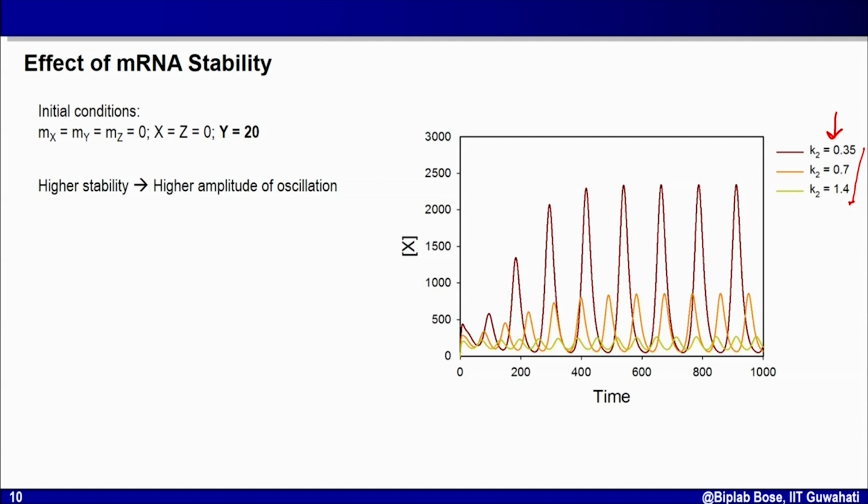Because K2 is the rate constant for degradation of the mRNA. So if I increase K2, more and more mRNA will get degraded. So as I increase the rate constant for degradation of mRNA, I can see the amplitude of oscillation is decreasing. That means if I have higher stability of mRNA, then I have higher amplitude of oscillation.